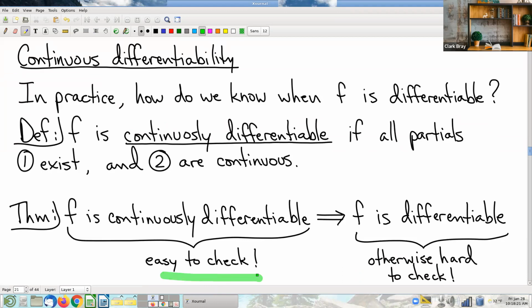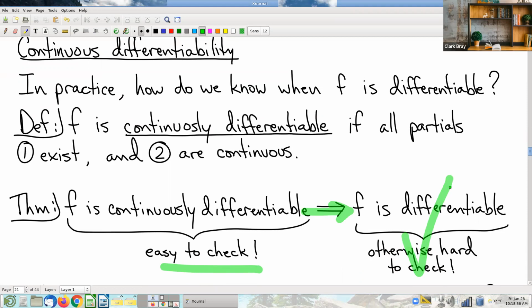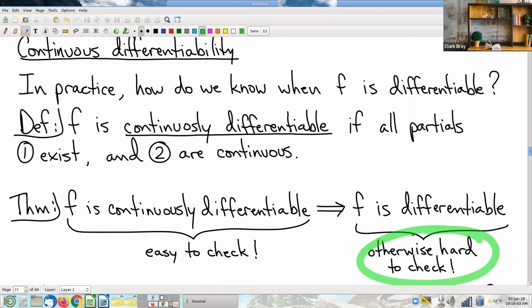We'll see in a second. And any function that you, with great convenience, check is continuously differentiable, it immediately follows that the function is differentiable, which is very often the condition that you actually technically need. So it's really neat that there's an easy path to what would otherwise be a hard problem.